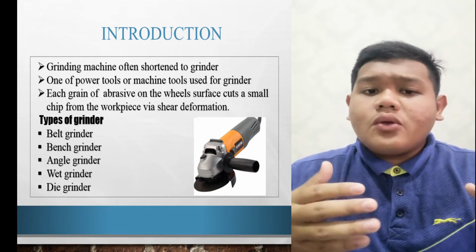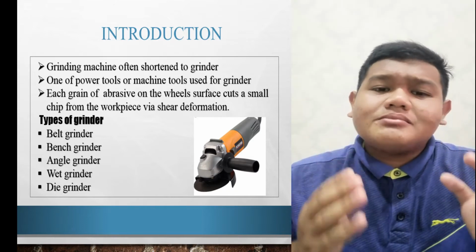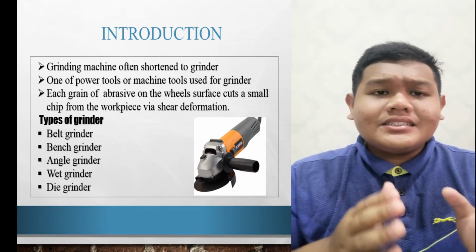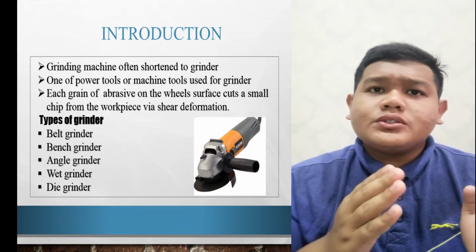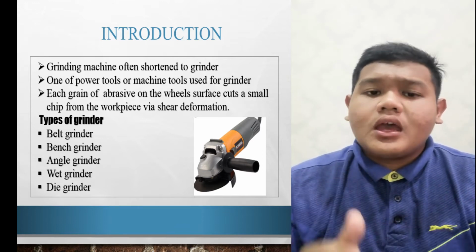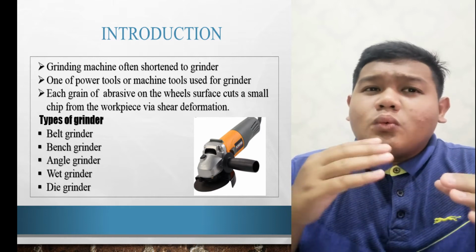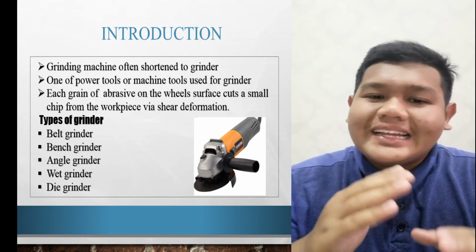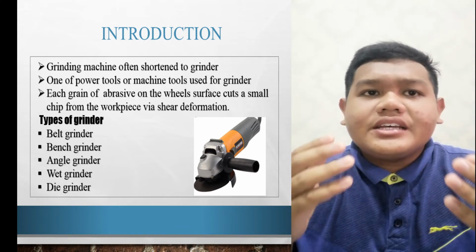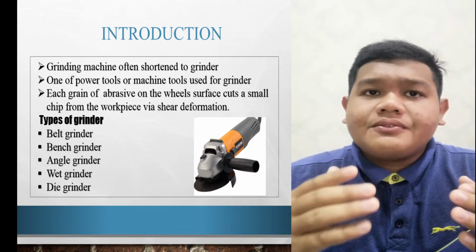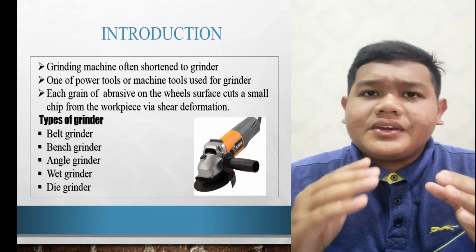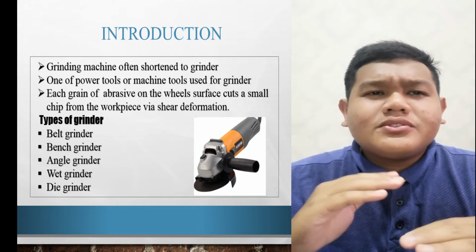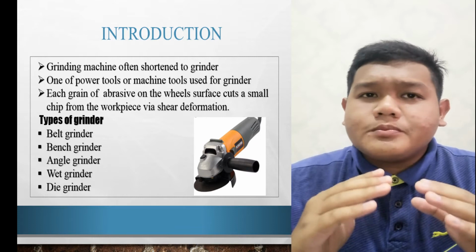First, I want to introduce my product. A grinder machine, often shortened to grinder, is a power tool or machine tool used for grinding, using an abrasive wheel to cut and remove small chips from the workpiece.